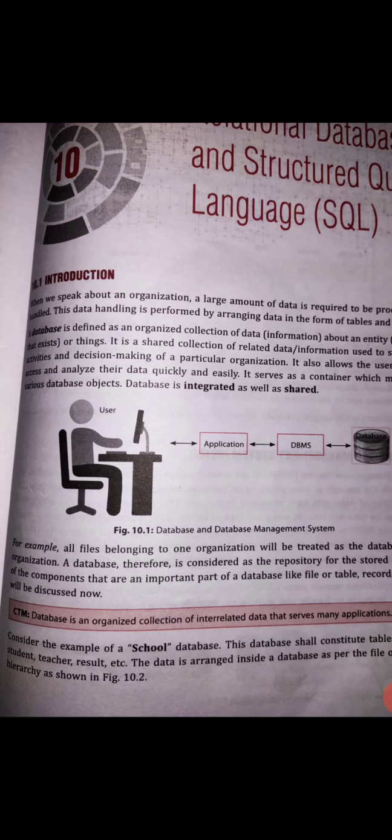To understand database you have to understand what is data. Data is nothing but the raw facts. Suppose a class contains the records of many students, right? So from the many students, the roll number, the name, these all are the data of a particular student.